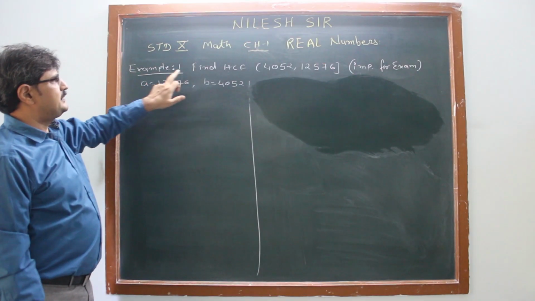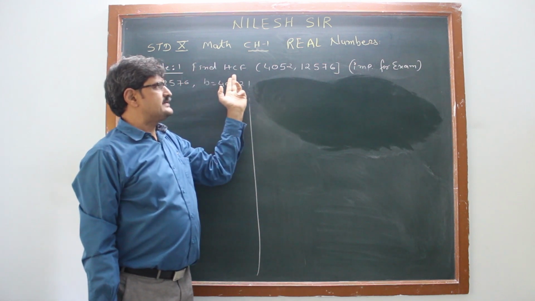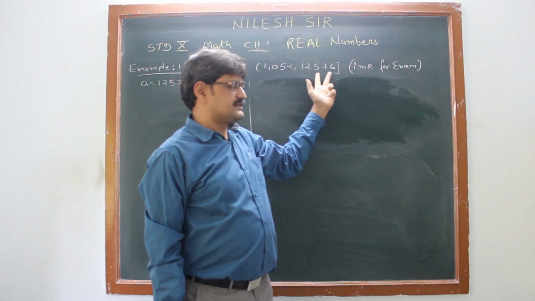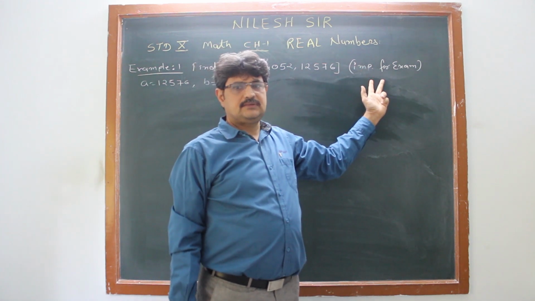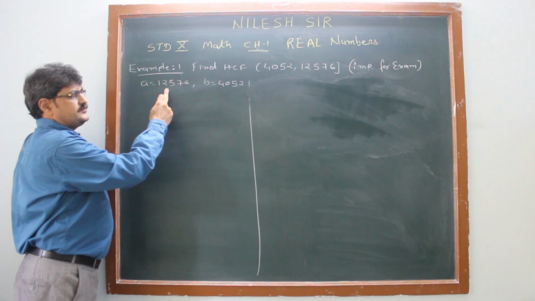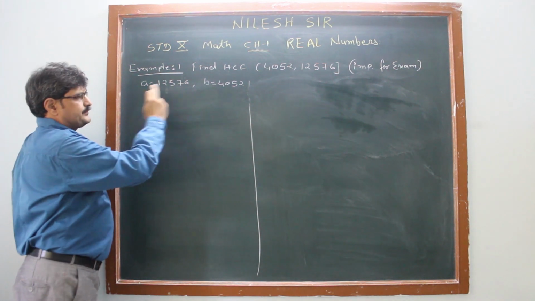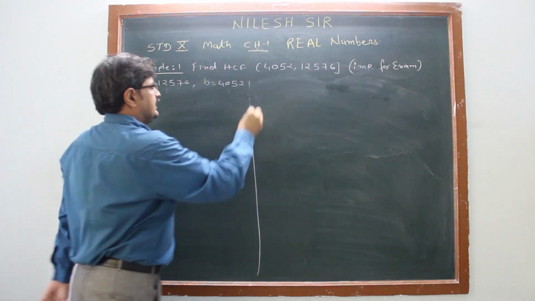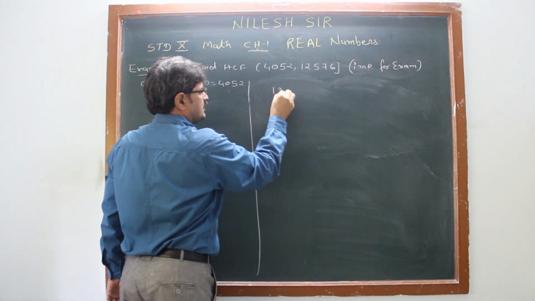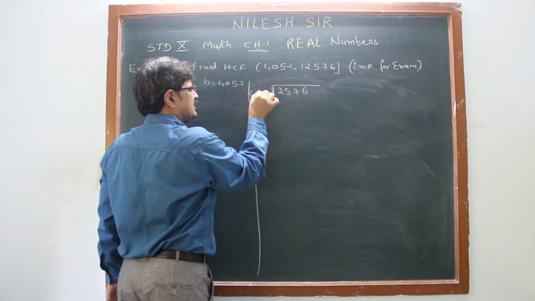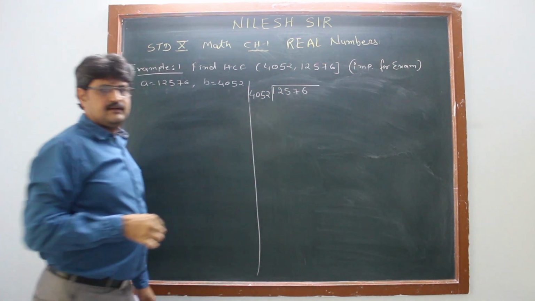Now we will do example 1, that is find HCF of 4052 and 12576. This is an important sum for exam. So the greater number, that is 12576, is taken as A, and the smaller number 4052 is taken as B. Now what I have to do is divide 12576 by 4052.